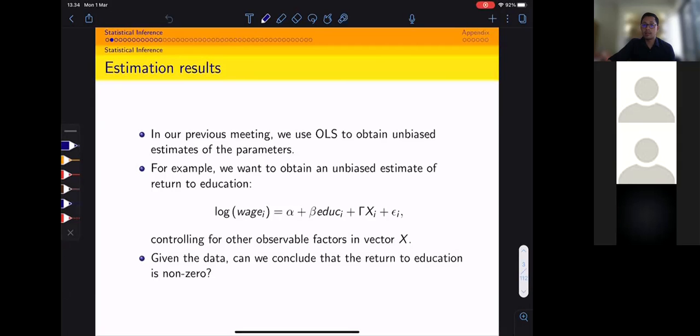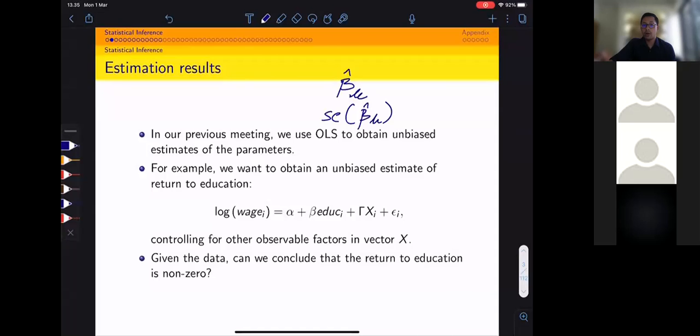In other words, it's good to get an unbiased or representative sample of the population we're interested in. Given the sample, we use OLS to estimate the parameters, okay? So given the sample, we estimate not only the beta hats, but also the standard errors of the beta hats. You can also recall the assumptions that we need to obtain an unbiased estimate of the betas, as well as an unbiased estimate of the standard errors.